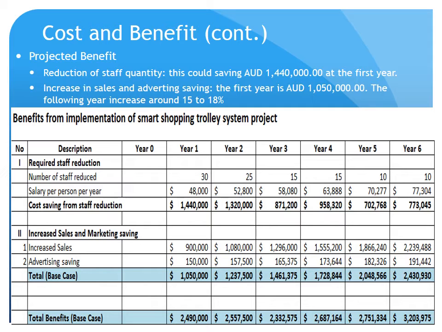Another important benefit is increased revenue from sales, and advertising savings as well. For the first year, it is estimated at $1,050,000, and in subsequent years it will increase around 15 to 18%.